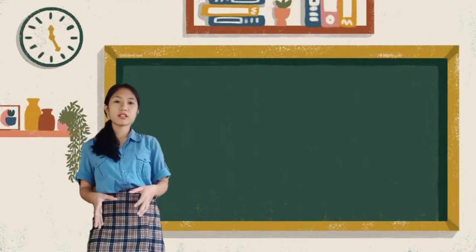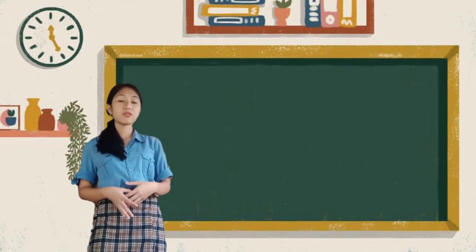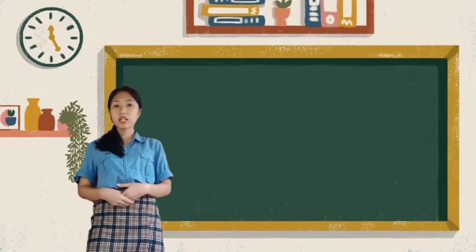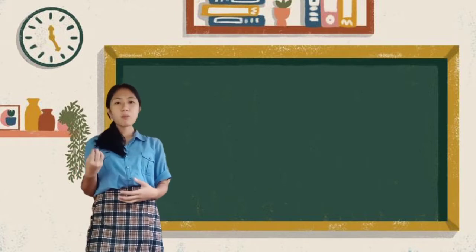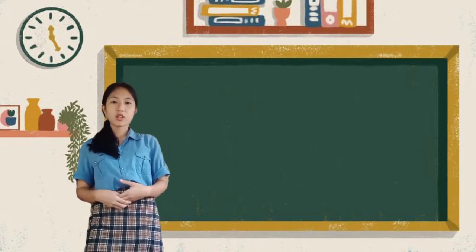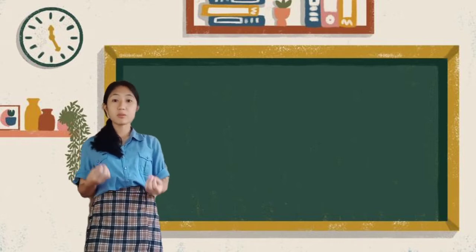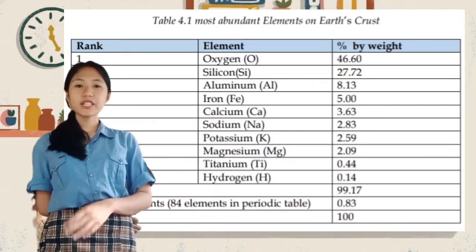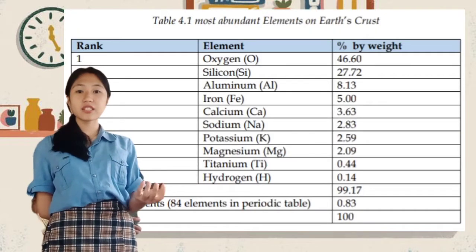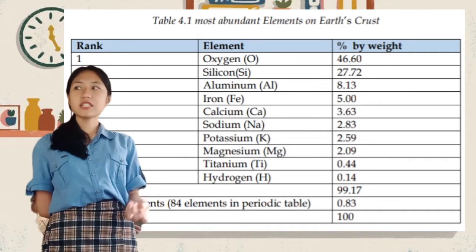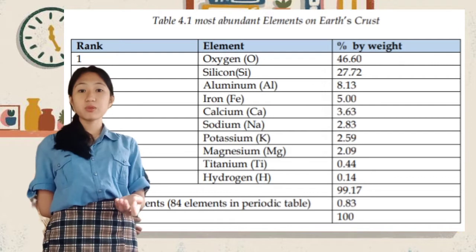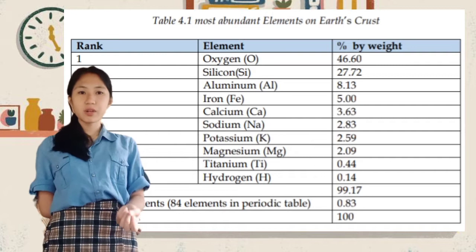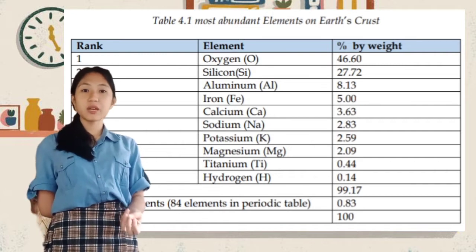It is said that the earth's crust is composed of those elements, which is the reason why we have this kind of minerals. Now, there are 8 most abundant elements which are connected to the minerals, and we are going to talk about what is in this table. This table consists of oxygen, silicon, aluminum, iron, calcium, sodium, potassium, magnesium, titanium, and hydrogen.